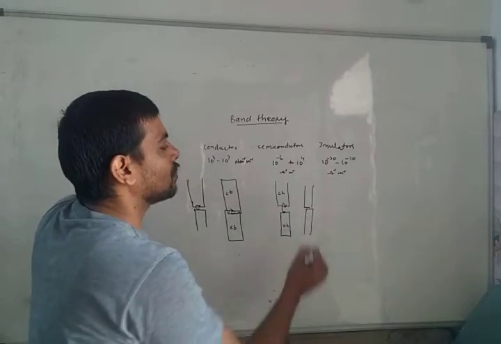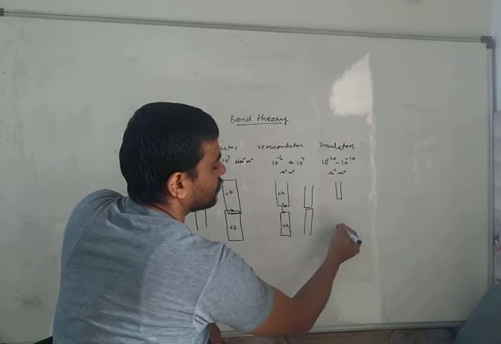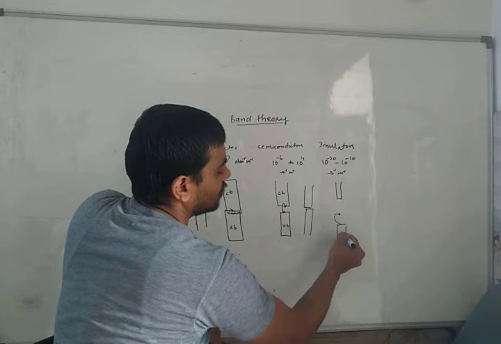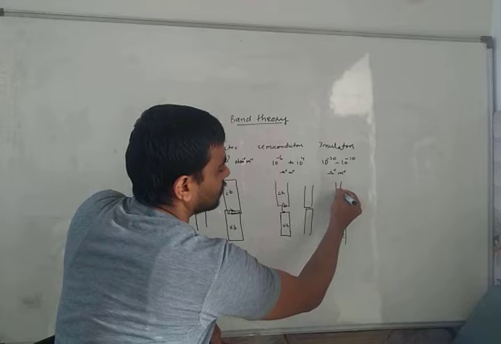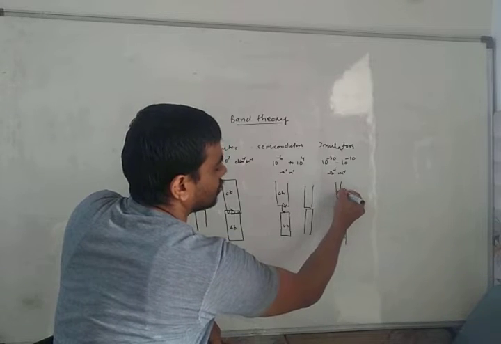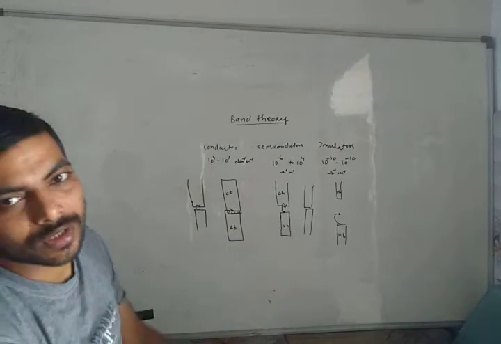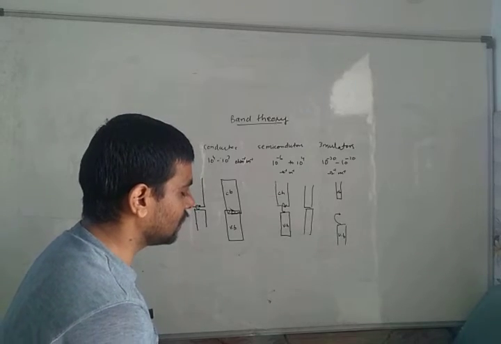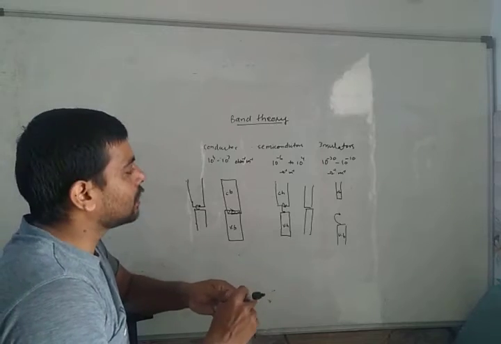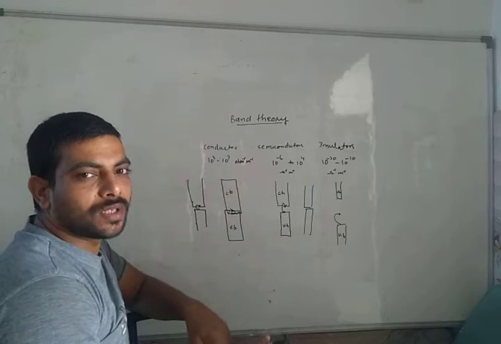But in case of an insulator, the gap between the valence band and conduction band is very large, so the electron cannot jump from one energy level to another. So this is the summary of understanding the band theory by drawing the diagram.